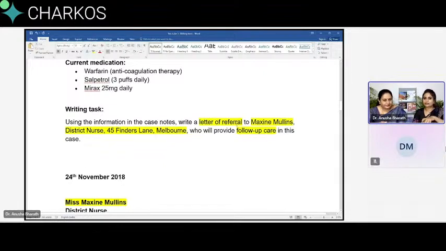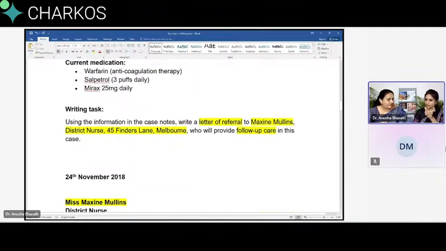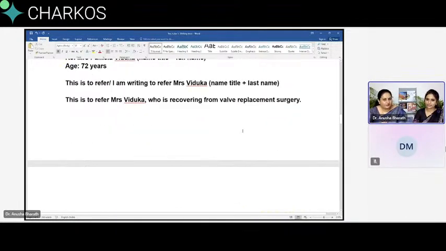So, follow-up care, and of course, we have to request the person we are writing to for monitoring the medications, regular follow-up examinations, and everything. Yes. So that comes under managing the patient, right? Yes. So management is one word. So can we just pick up this word, management, and write it here? Sure.